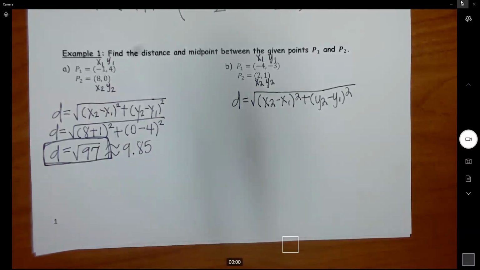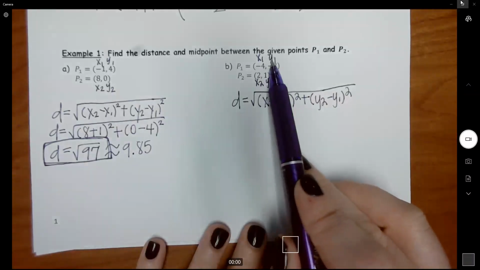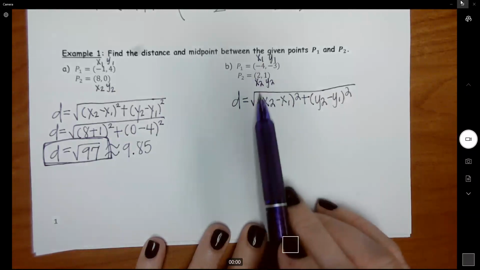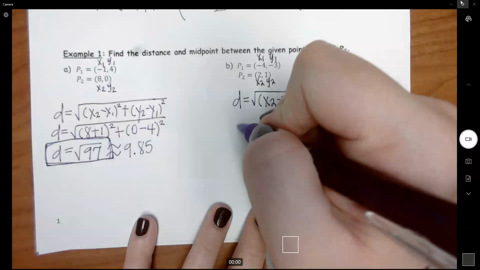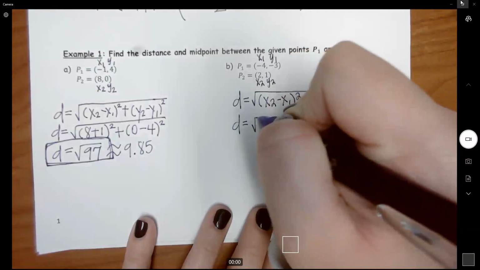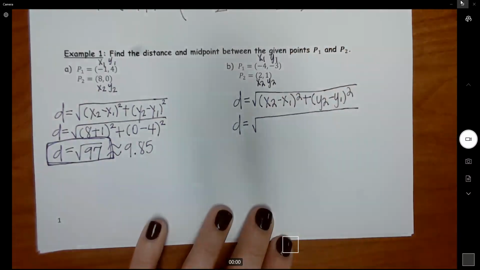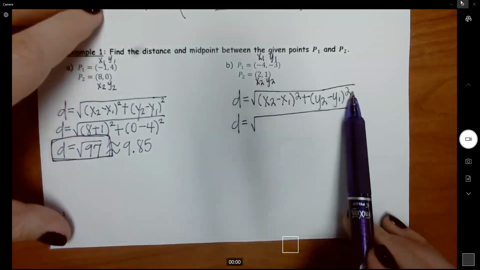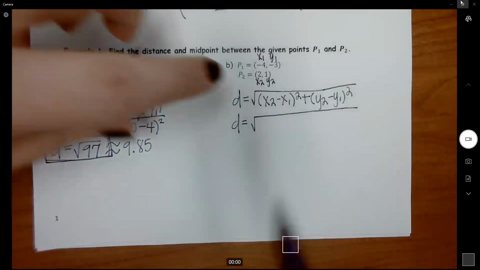It really doesn't matter how you label these as long as your ones are together, your twos are together, and it's always x, then y, x, then y. So I've labeled my points. I wrote my formula. This is substitution.